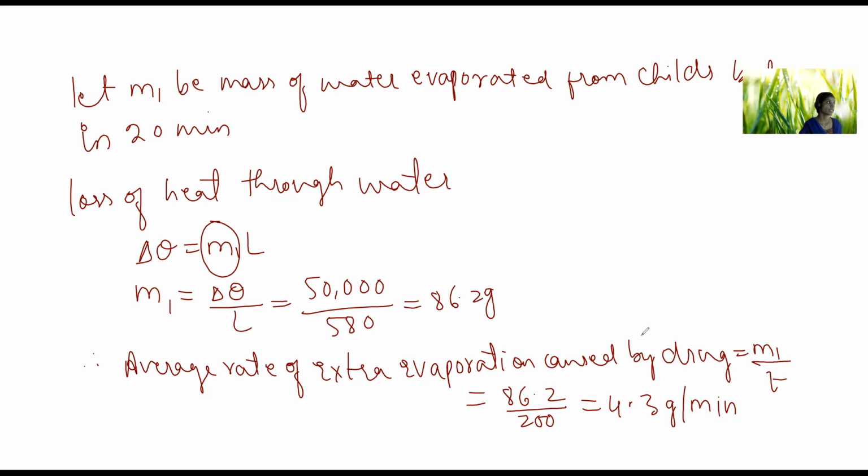Then loss of heat through water is calculated using the formula delta theta is equal to M1 into L. And by using that M1 value, the average rate of extra evaporation caused by the drug is calculated by M1 divided by T. After simplification, we got 4.3 grams per minute. So next we shall see the next one.